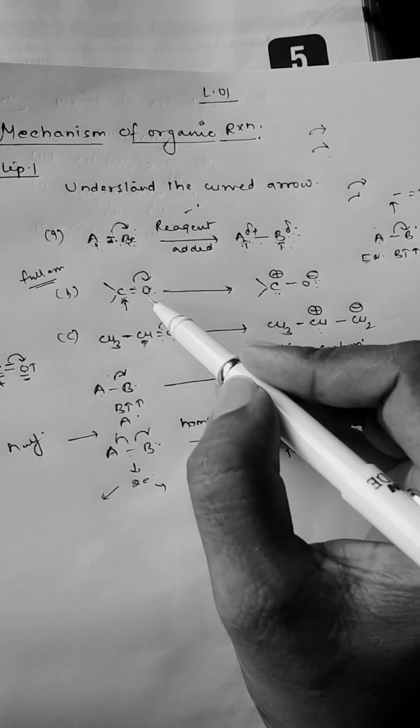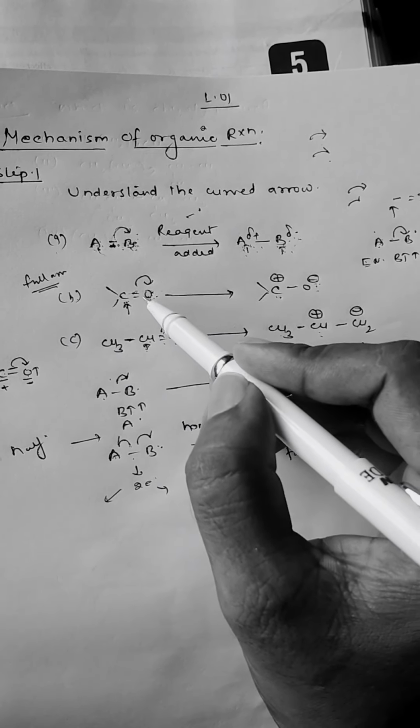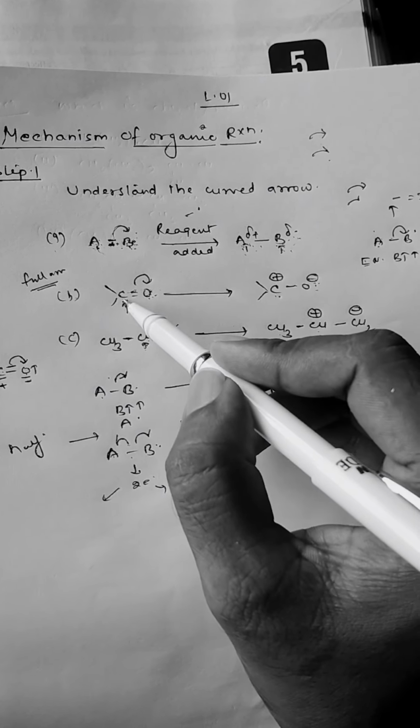The second one, if you see, is the C-O bond. If you look carefully, oxygen is much more electronegative as compared to carbon.